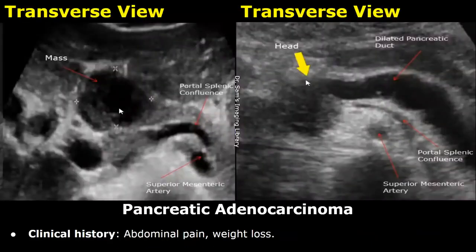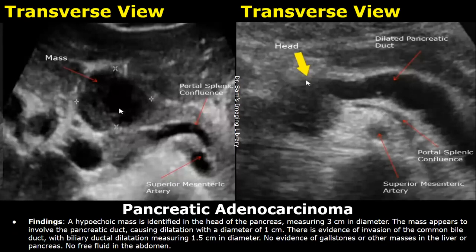Here is a case of pancreatic adenocarcinoma. The clinical history was abdominal pain and weight loss. In the findings, you can write a hypoechoic mass, and then you can write its location followed by its size.